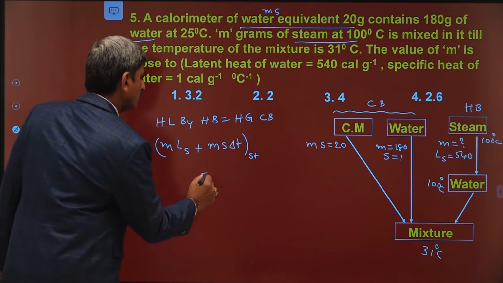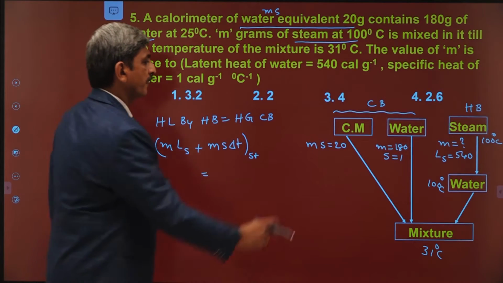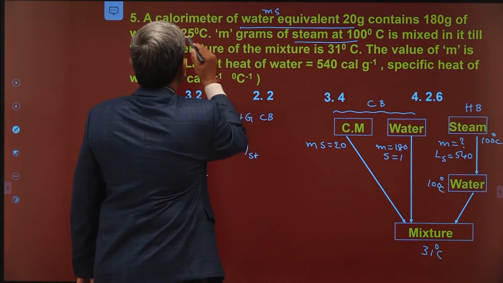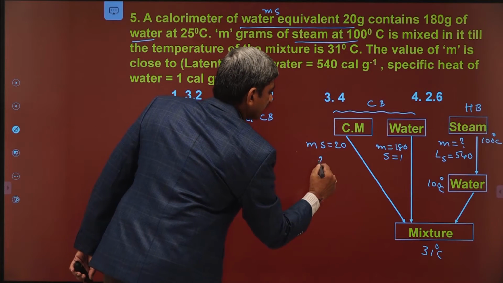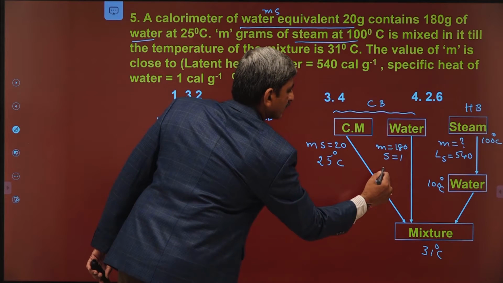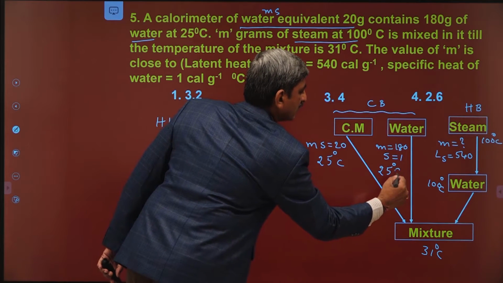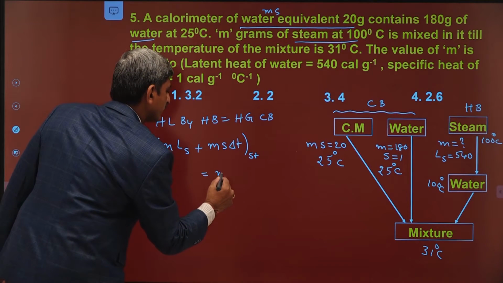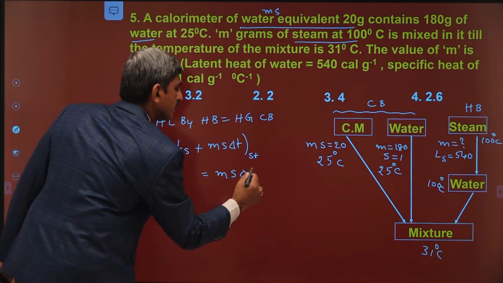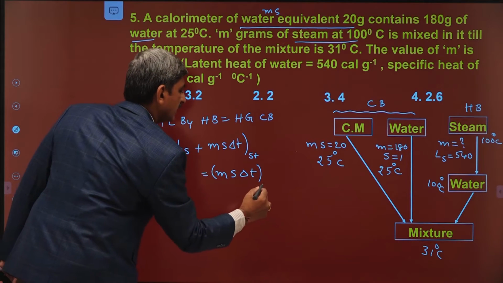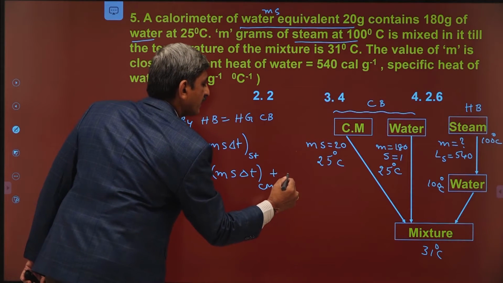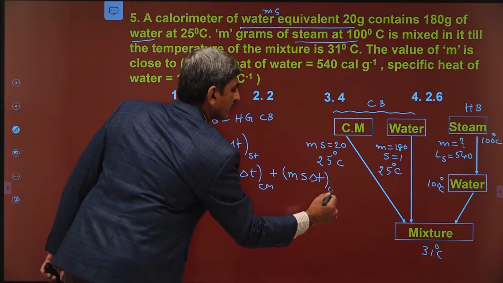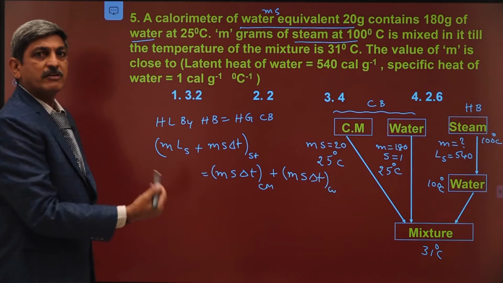This is equal to the heat gained by the cold body. For the calorimeter, there is only a rise of temperature. Initially, it is at 25 degrees centigrade, so the heat gained by the calorimeter is equal to ms delta T, plus the heat gained by the water, which is ms delta T for the water. Now, substitute the given values.